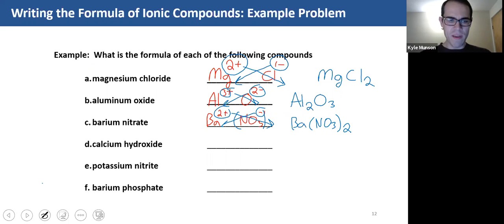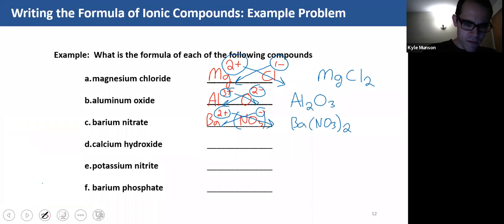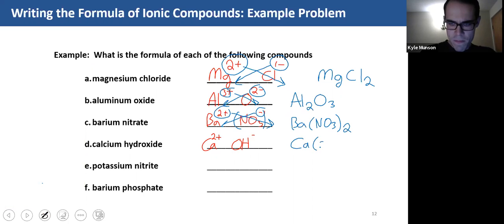Okay, so moving a little bit faster now, let me go back to red here so it matches. We have calcium, 2+, hydroxide. Again, we cross the charges. I'll skip that step for now. Ca(OH)2.